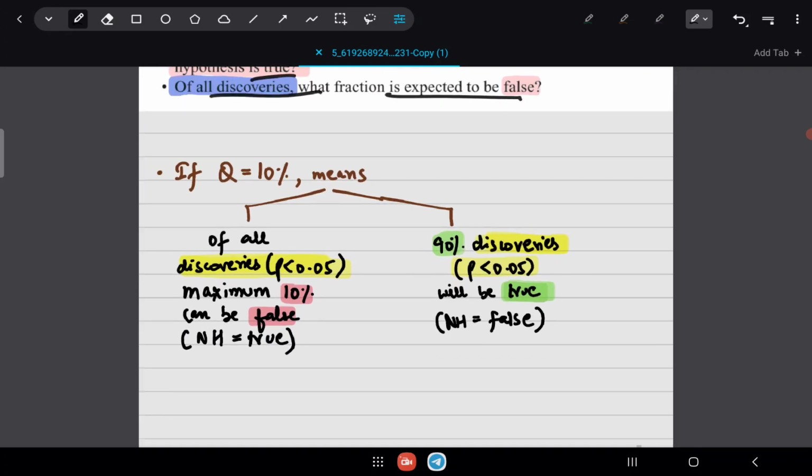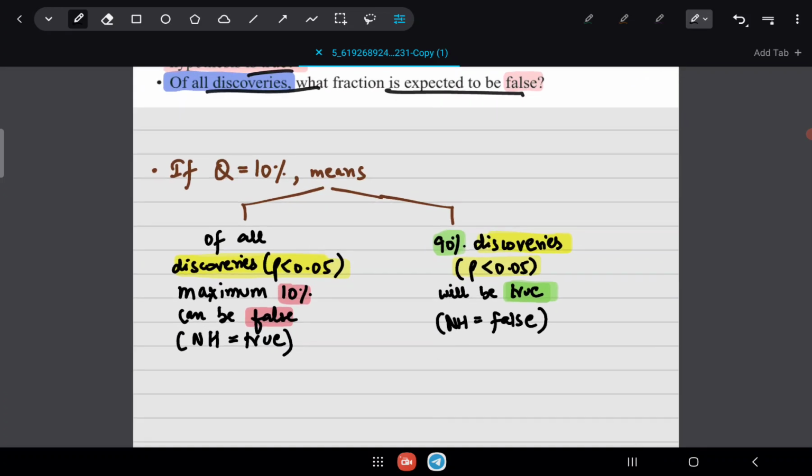I will tell you how to do the correction. It's very straightforward, but let's assume I am denoting the FDR here by Q. So let's say Q is 10%. What does it mean? Let's say there are 100 comparisons in which the p-value is significant, then in 10 comparisons that will be false.